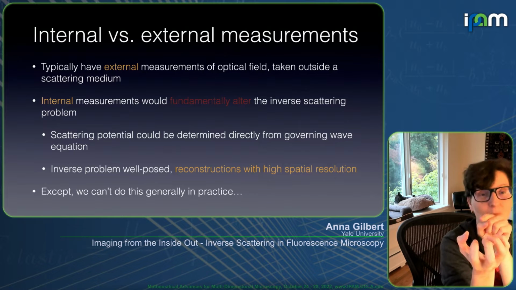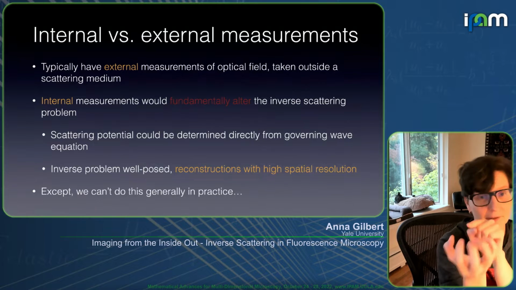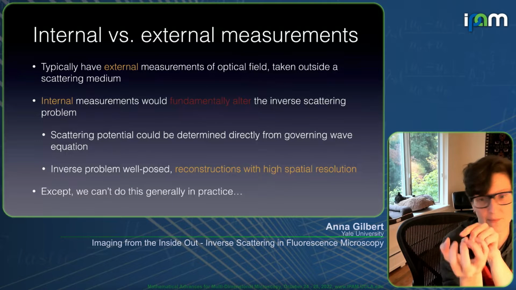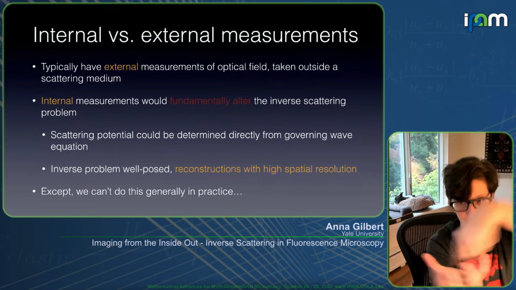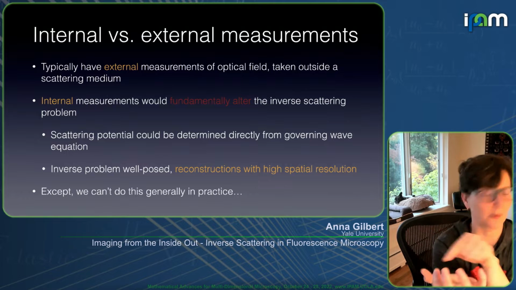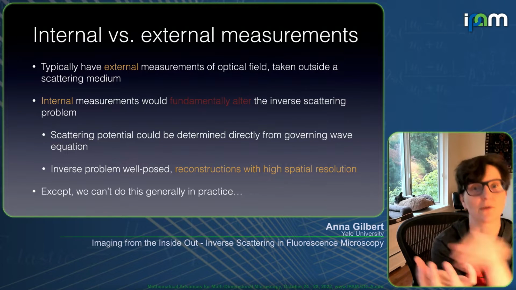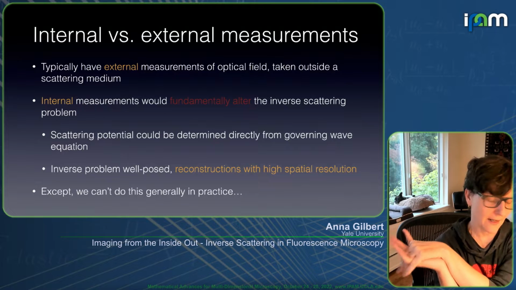You would fundamentally change the inverse scattering problem. You would fundamentally change the mathematics, and you could then determine the scattering potential directly from the governing wave equation, and the inverse problem would be well posed, and you could do reconstruction with high spatial resolution.